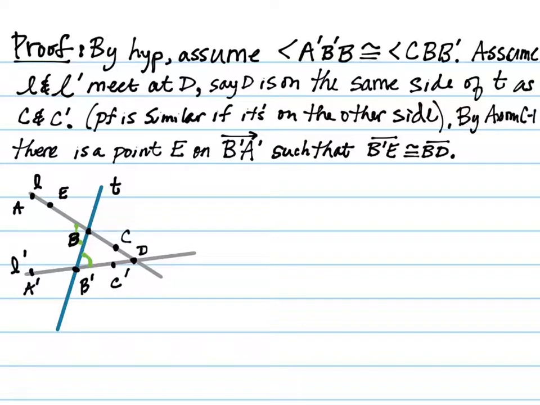I marked them wrong. I was thinking I had them in the same order I did before, but I put them backwards, so that's fine. Let me fix it. So this one and this one. Does that fix it, Matt? Thank you. All right, and here's my E that I had before.